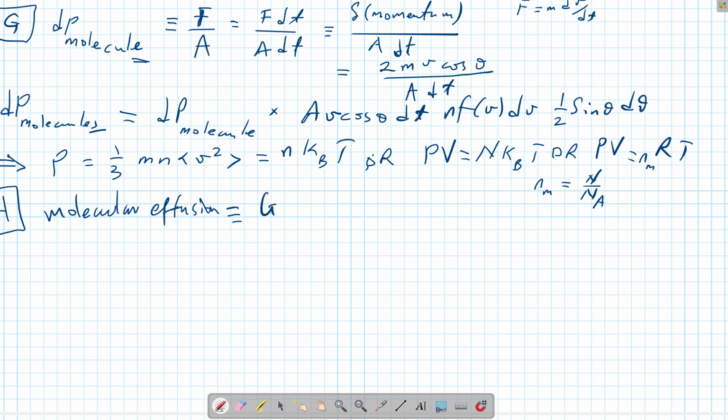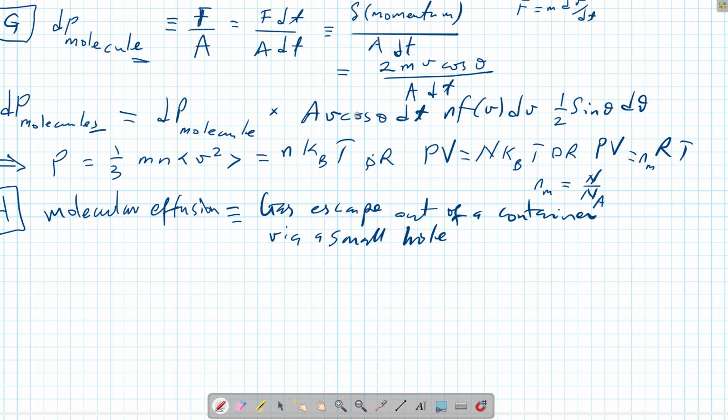So this is gas escape out of a container via a small hole.